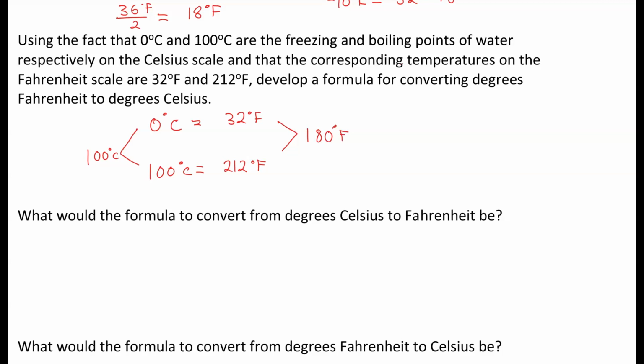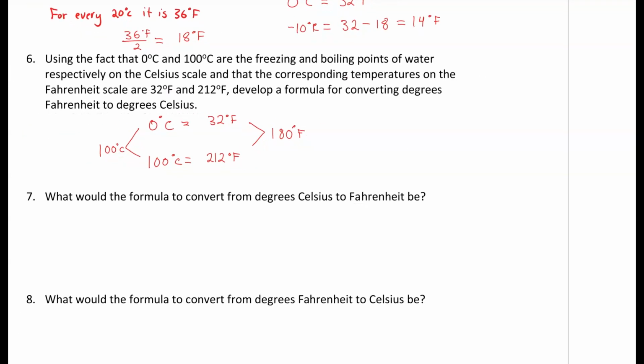So that's going to help us figure out what our conversion is going to be. So Celsius over Fahrenheit equals our difference of 100 degrees over our difference of 180 degrees.